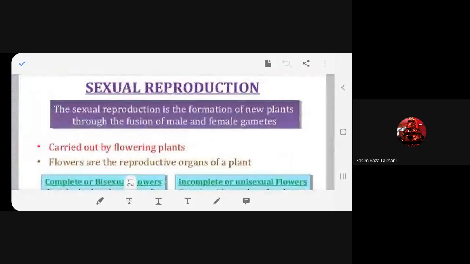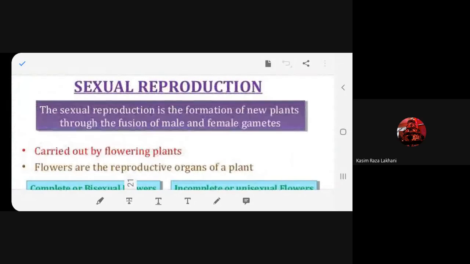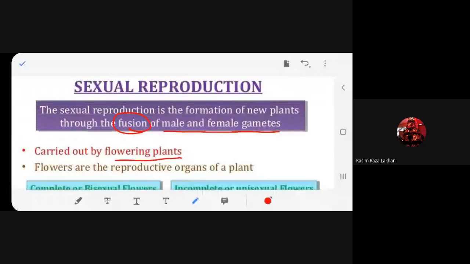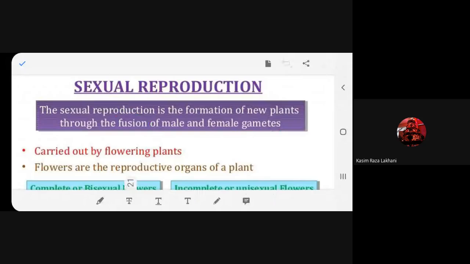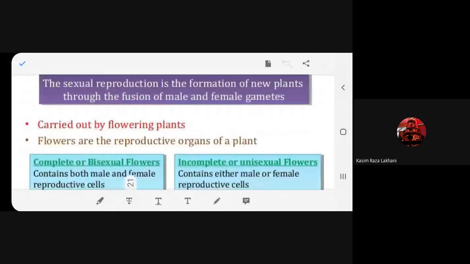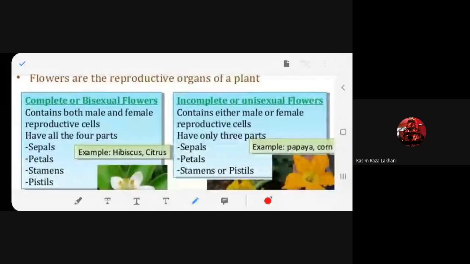So again, it's sort of a repetition. In sexual reproduction, we get new plants when male and female gametes fuse. Who does it? Flowering plants. So we know that flowers are the reproductive organs of a plant. What are the types of flowers? There are two types. One is bisexual flowers, otherwise called complete, and the other is unisexual flowers, called one-sex, or incomplete.